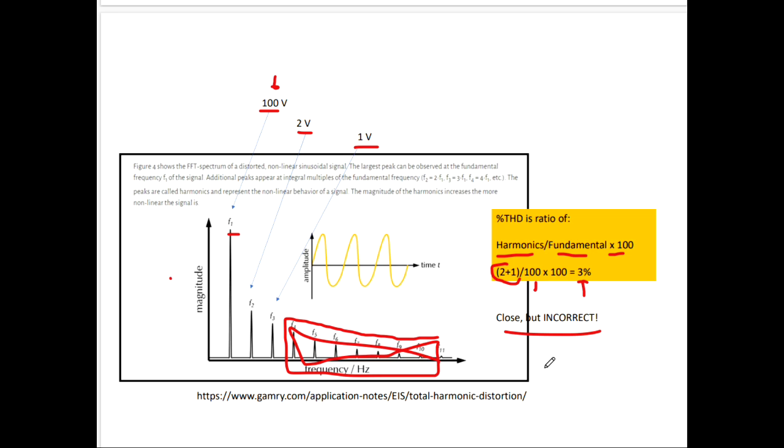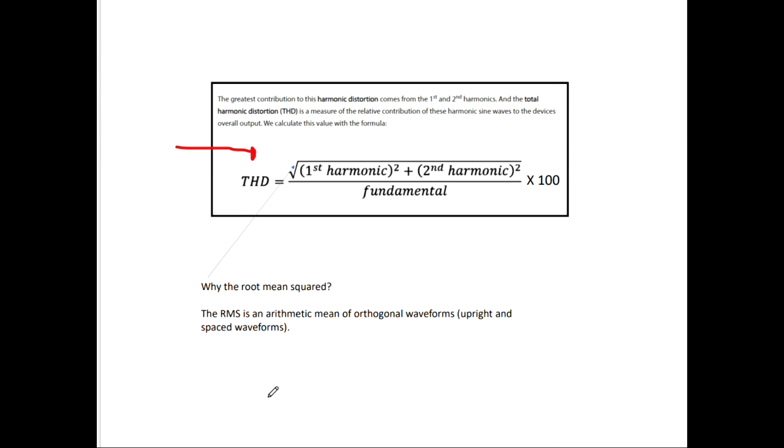Because in science and engineering, that's not how we add orthogonal signals. These are not just numbers. I don't want to get too deep, but let me go down here.